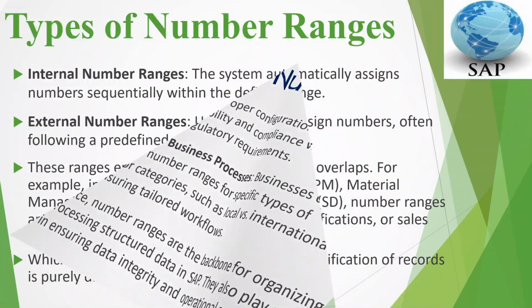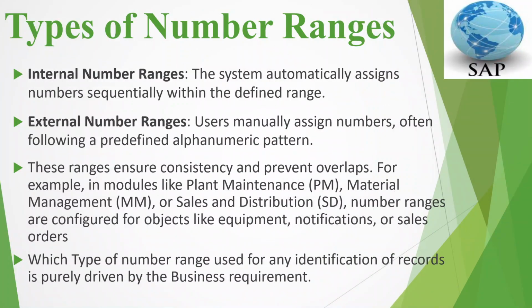Let's move further. Now, coming to types of number ranges. As mentioned in the previous slides, internal number ranges and external number ranges. We will see how these things are different and what all things they do.